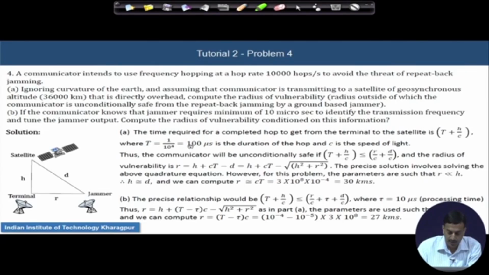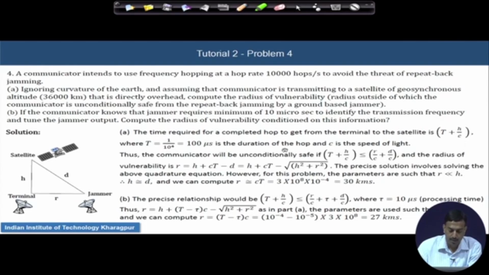So we have this equal to 1 divided by 10 to the power of 4 seconds. That is because we have already been specified the hopping rate, so we merely take the reciprocal of that in order to find the time.